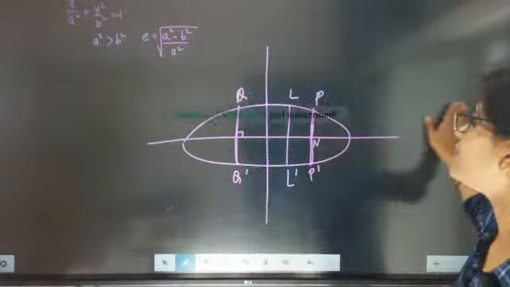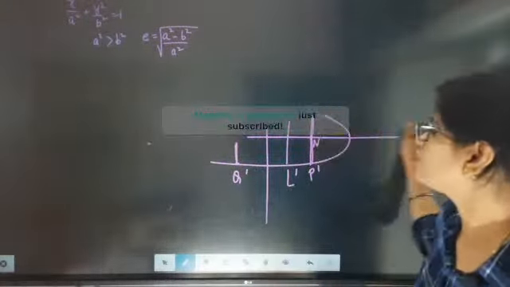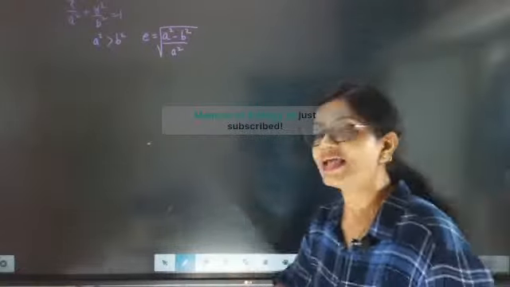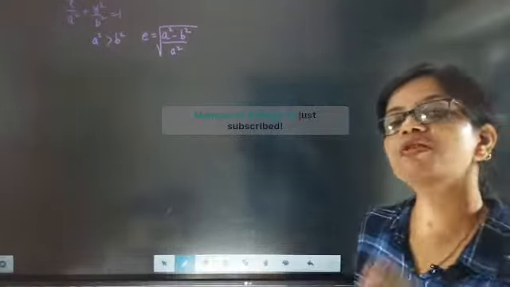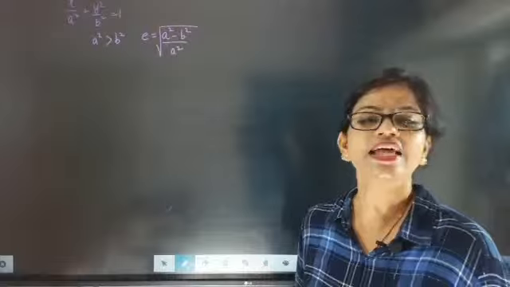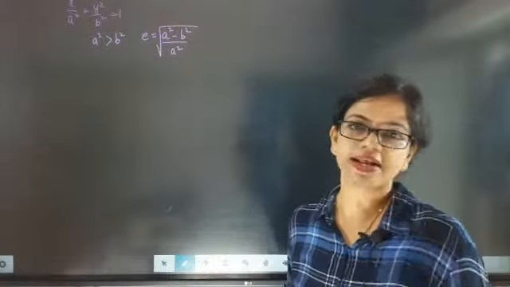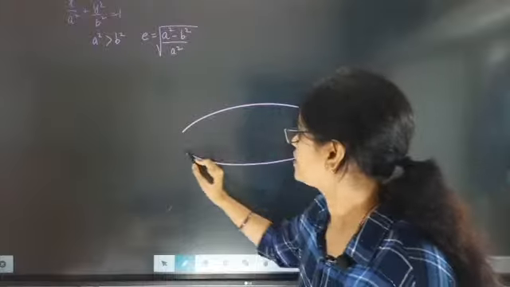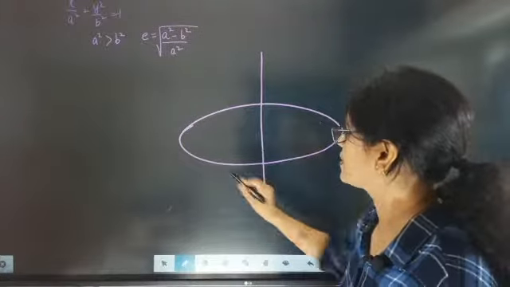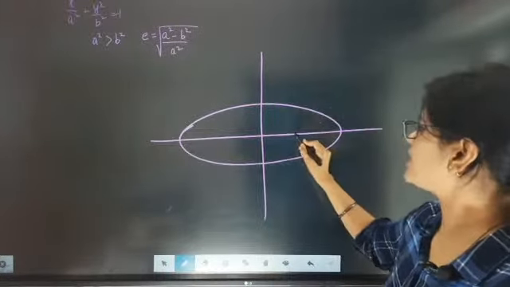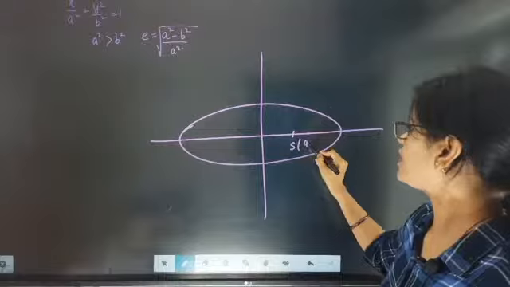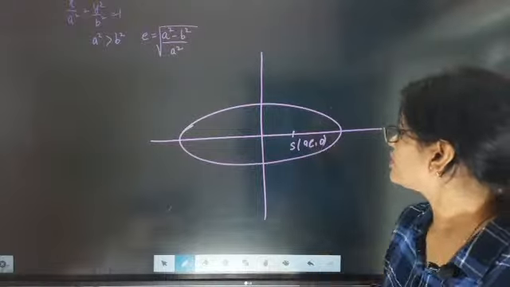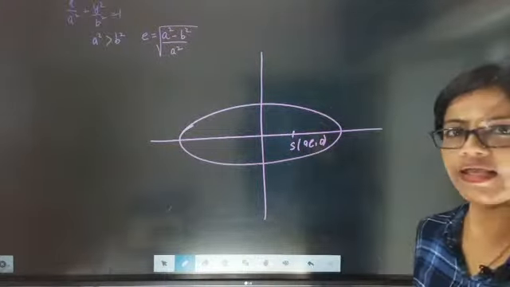In the same way, beta, when you draw the ellipse and the double ordinate passes through the focus, at that time it becomes the latus rectum. So this is the ellipse, the double ordinate is here, and this is the focus, ae comma 0.